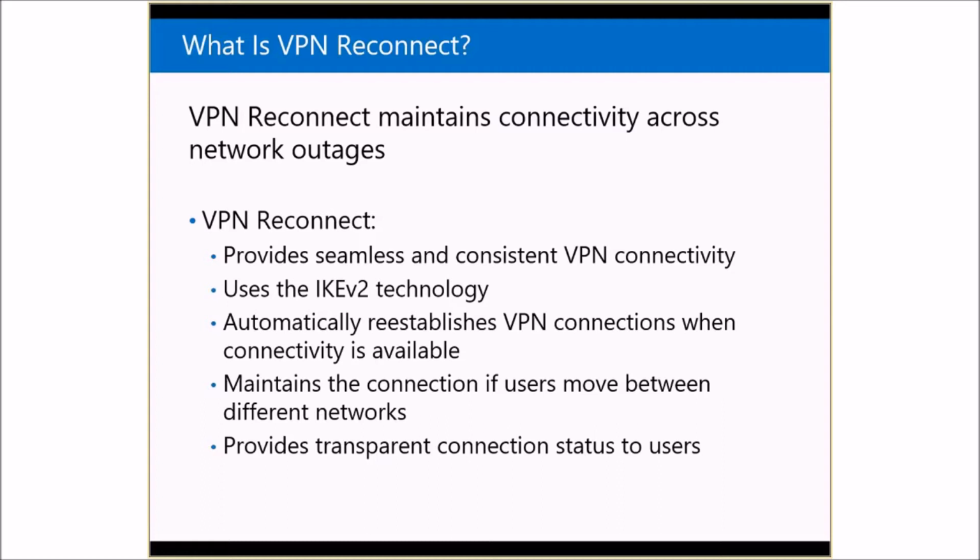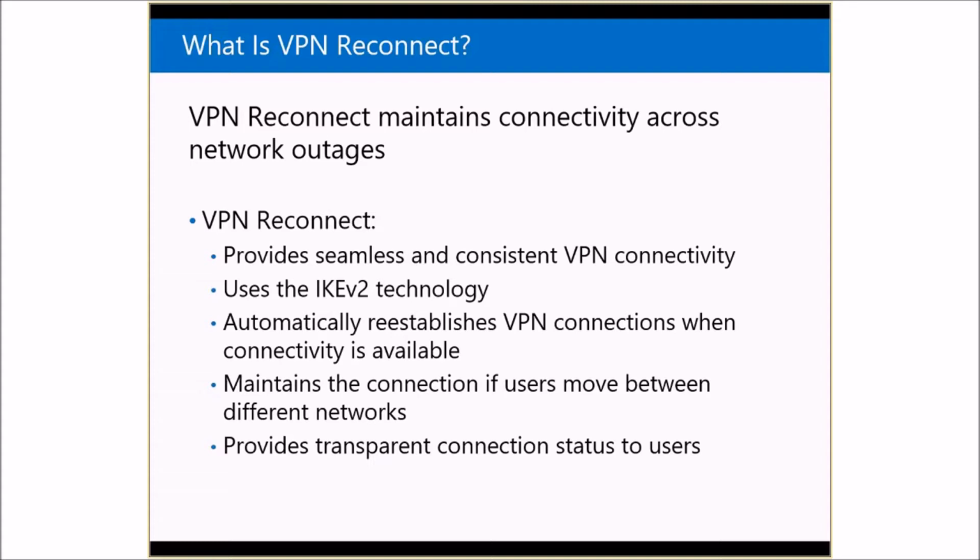So we disassociate with one tower and associate with a different tower, and that's what this is talking about when users move between different networks. One cell to another cell, or switching from Wi-Fi to 3G, or vice versa.